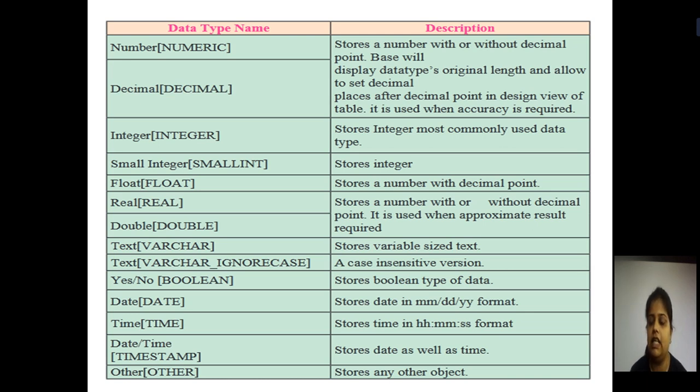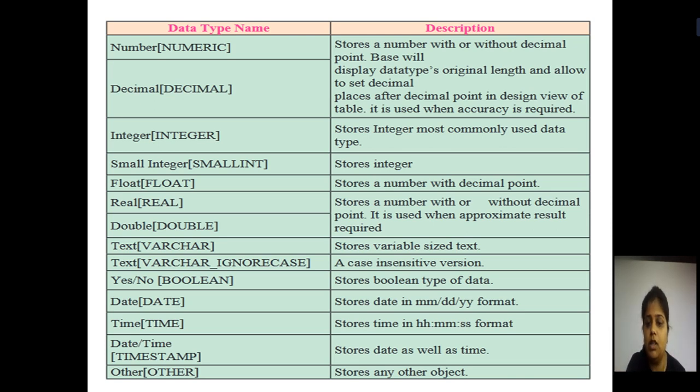Next is date. If you want to store the date of any person in the form of mmDDYY, then at that time you will use the data type date. Next data type is time. This data type is used to store the value of your time in hours, minutes and seconds.